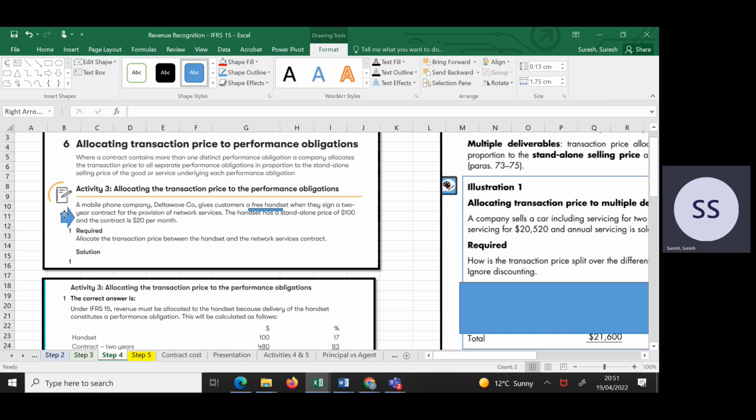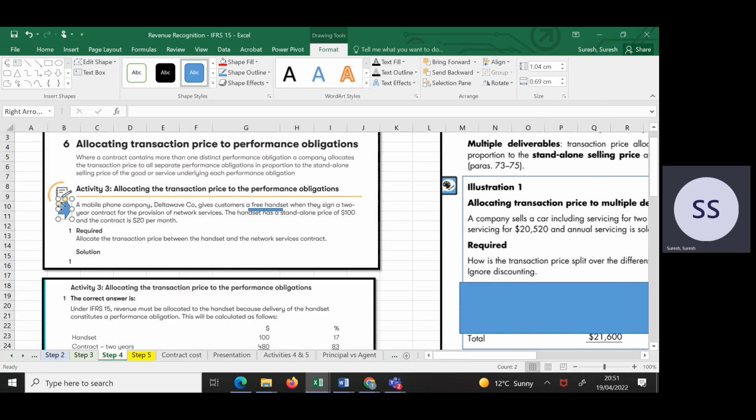If you pause here and think of this contract, we all have mobile contracts; sometimes we get the handset free, sometimes we have to pay for it. Here, if you get a 2-year mobile contract, the handset is given free.